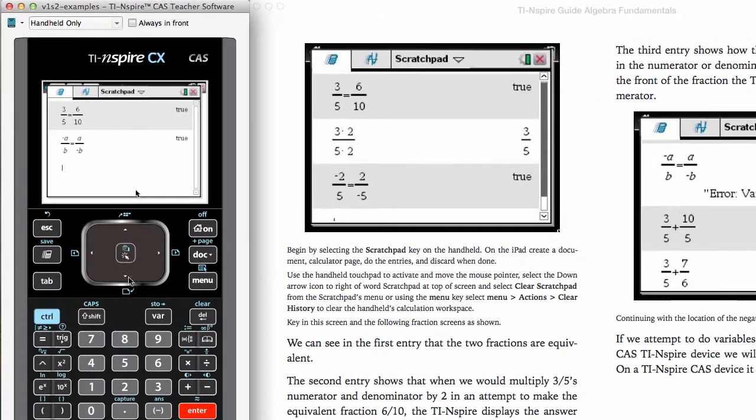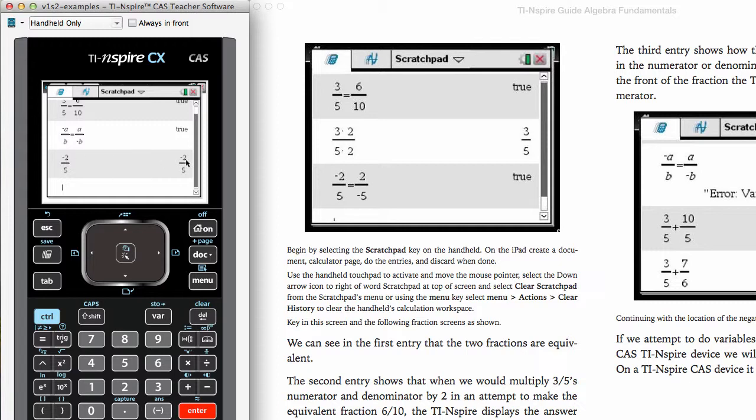We might also see what happens when we put in just the negative sign. So if I put in the fraction template and put in negative 2, put a 5 in the bottom, and press enter, notice it converted even the input where I put it in the bottom over to a negative in the top.